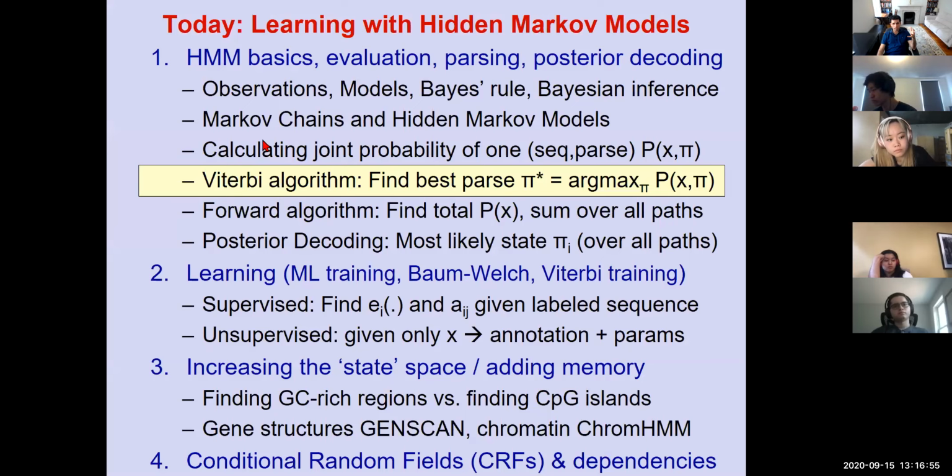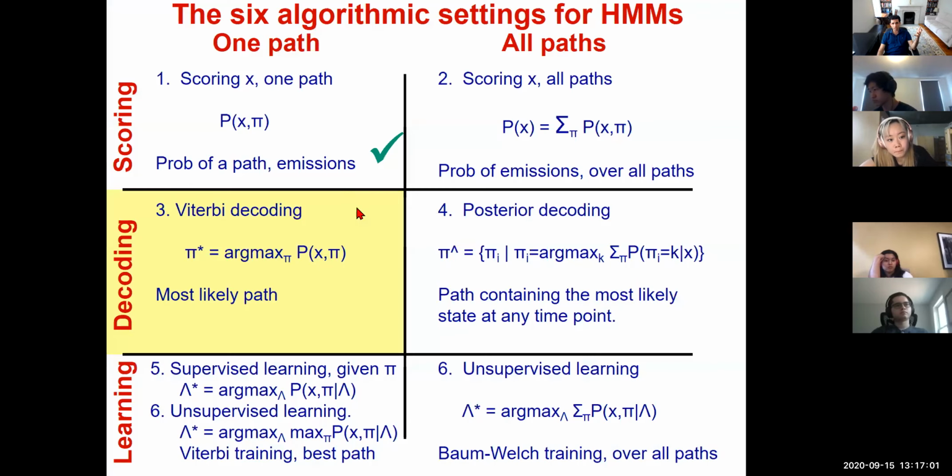We then saw that calculating each of those would take forever because there's an exponential number of possible paths, and we defined the Viterbi algorithm that allows us to infer the maximum likelihood path, taking the maximum over all possible paths and then selecting the best path. So this is a single path column again, where we're choosing the most likely path.